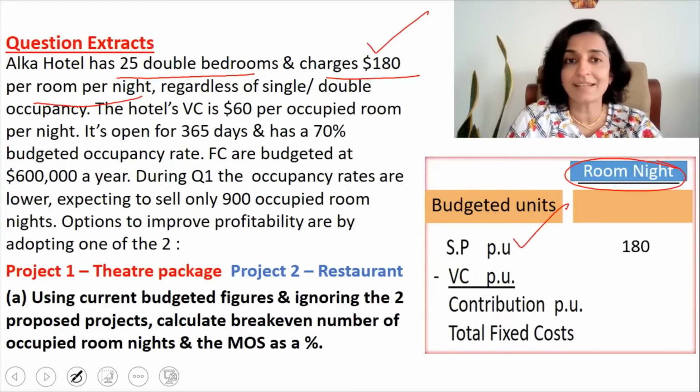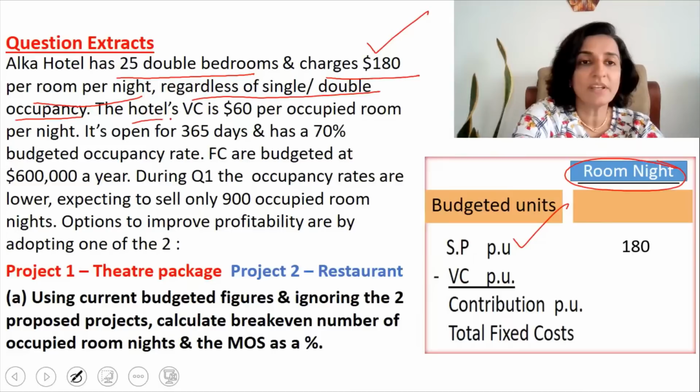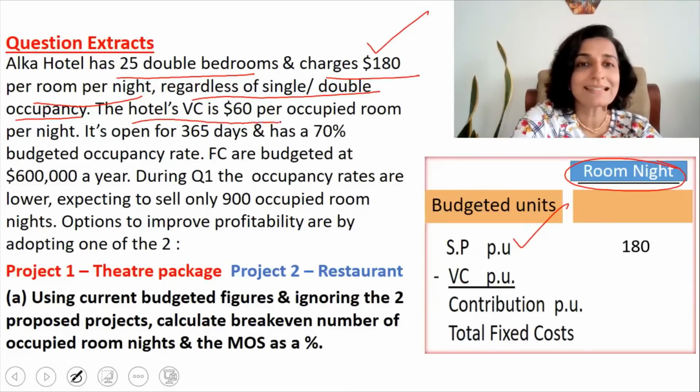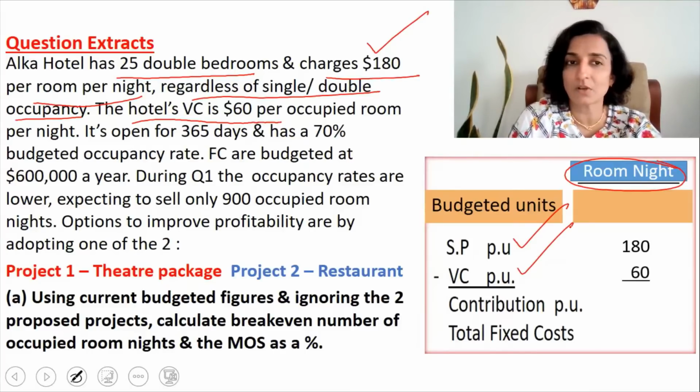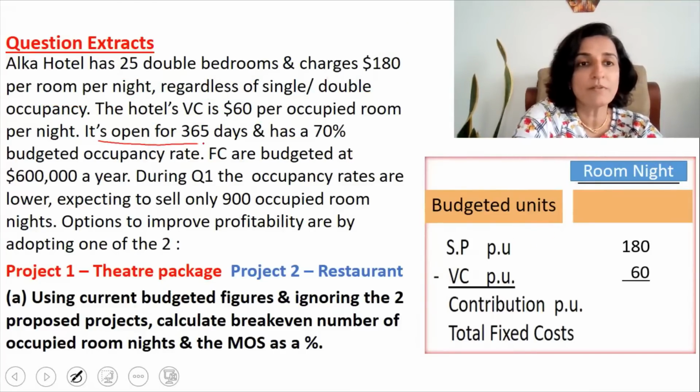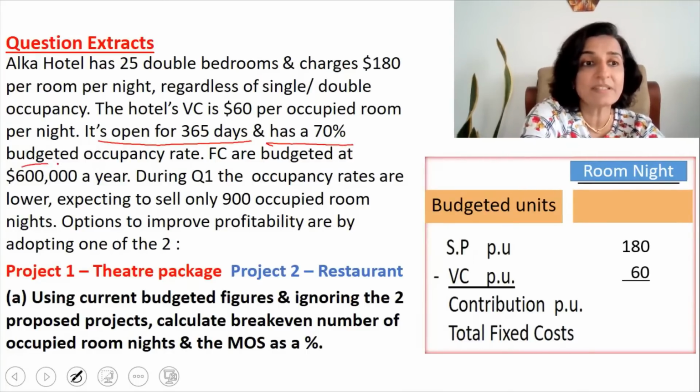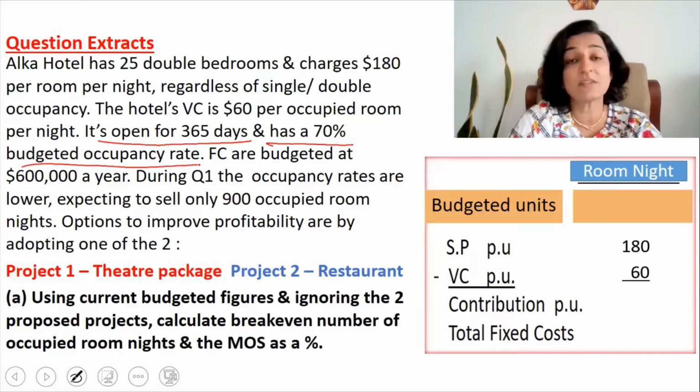So that's 180. The hotel's variable cost is $60 per occupied room. So we will write against variable cost per unit, $60. It is open for 365 days and has a 70% budgeted occupancy rate, which means that we can find the budgeted number of units.